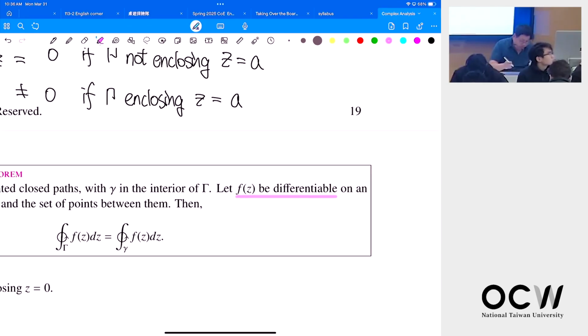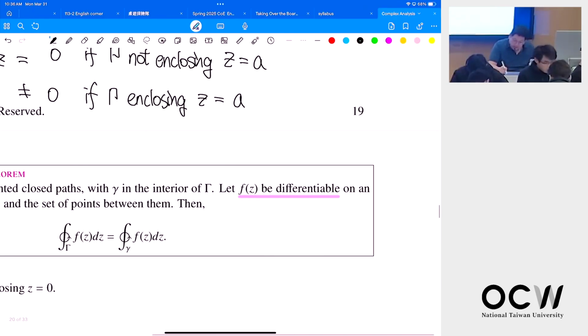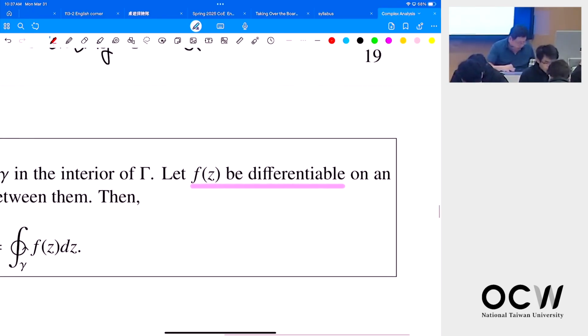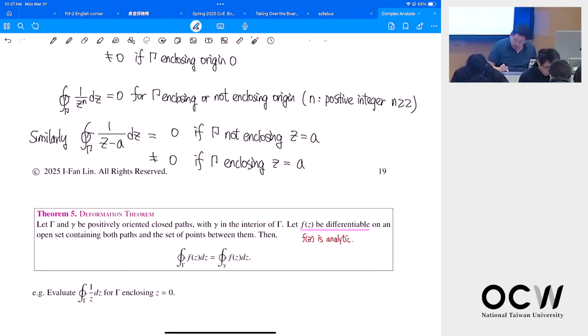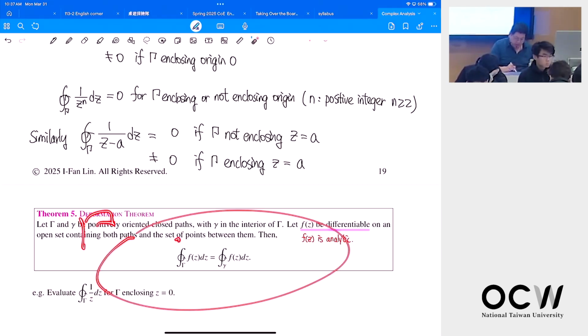Differentiable means that this complex function is analytic. So this complex function is analytic on the open set containing both paths and the set of points between them. So this is tau and this is gamma.